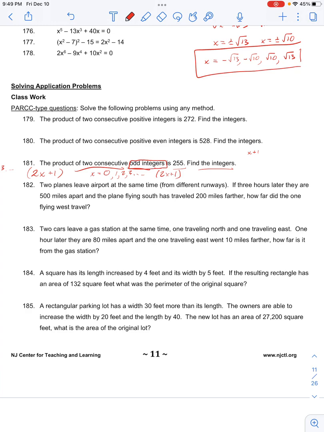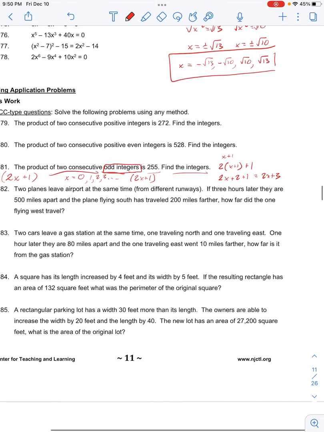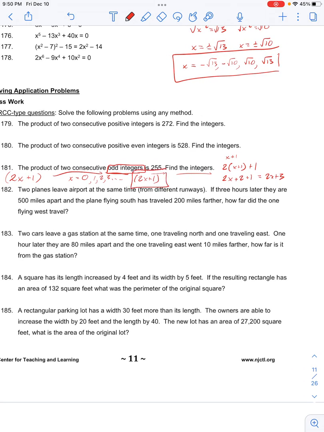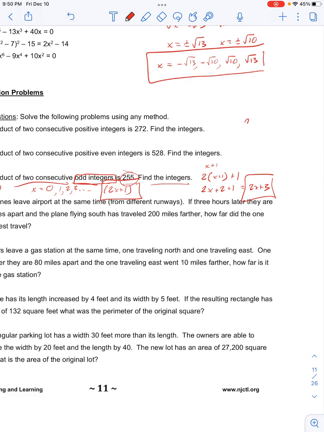So my next odd number would be 2 times x plus 1 plus 1, so that'd be 2x plus 2 plus 1, which would be 2x plus 3. And so the product of my first odd integer and my second odd integer is equal to 255. So I have 2x plus 1 times 2x plus 3 equals 255.